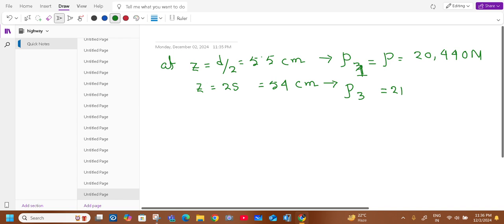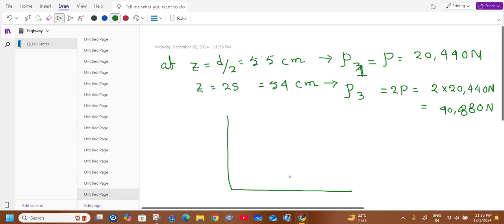P3 is equal to 2P, that means 2 into 20,440 Newton, that means 40,880 Newton. So this point is 5.5 centimeter and 20,440 Newton, and this point is 54 centimeter and 40,880 Newton.